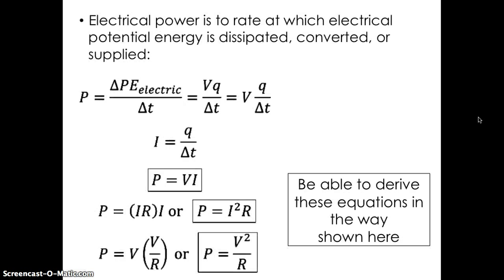Electrical power is the rate at which electrical potential energy is dissipated, converted, or supplied. Sometimes potential energy is supplied, other times potential energy is being dissipated or used up. So power equals delta PE over delta T. But of course, delta PE is equal to the voltage times the charge.